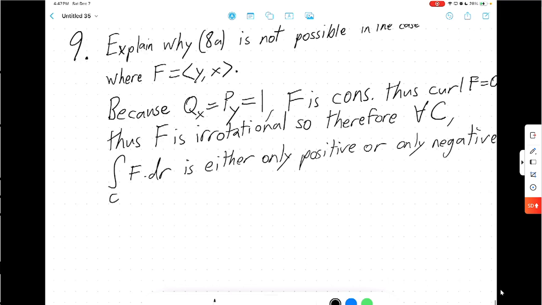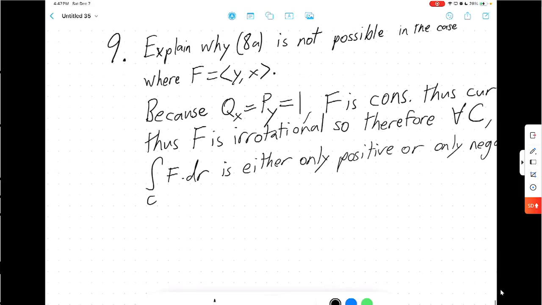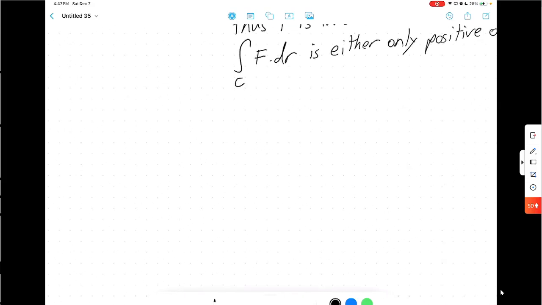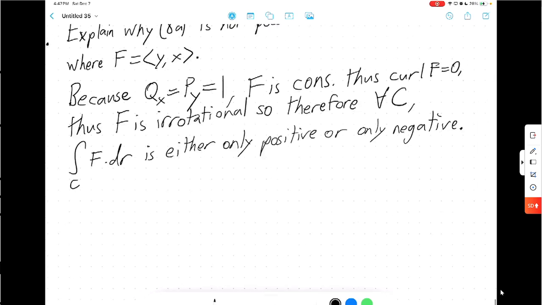And we cannot find one, because all the curves have the same sign. Okay, I think I like that one.